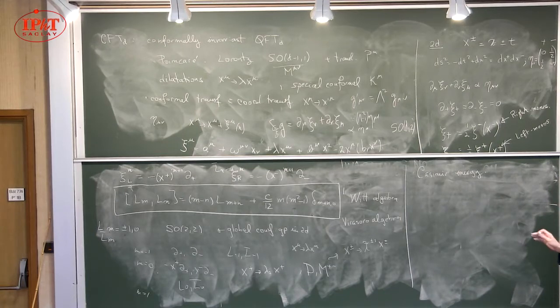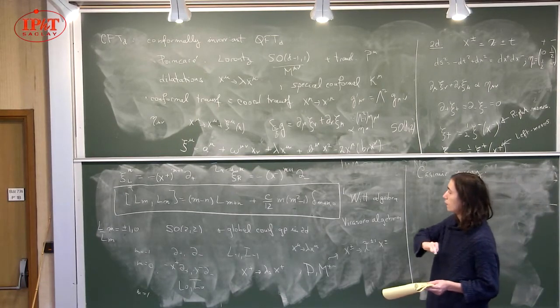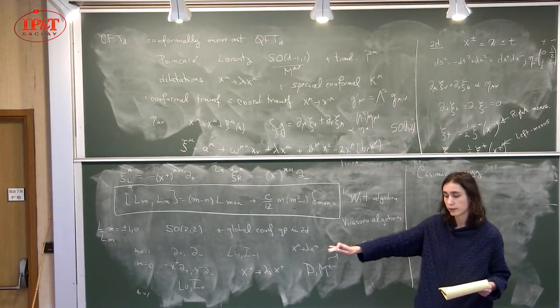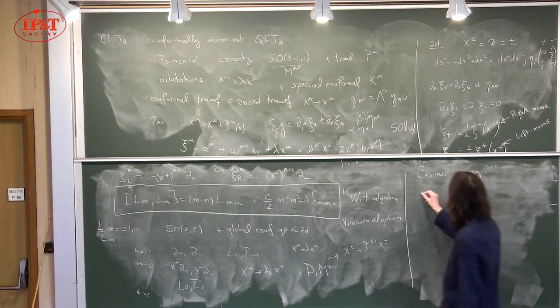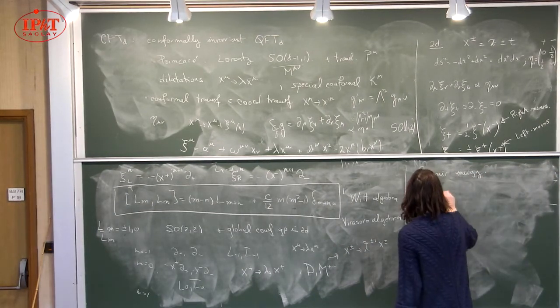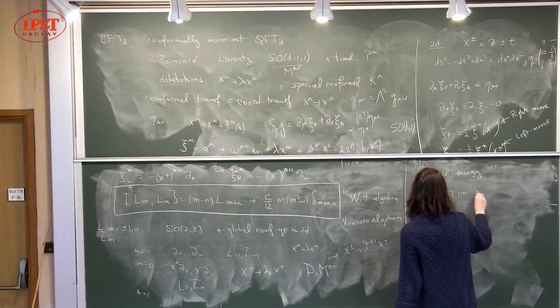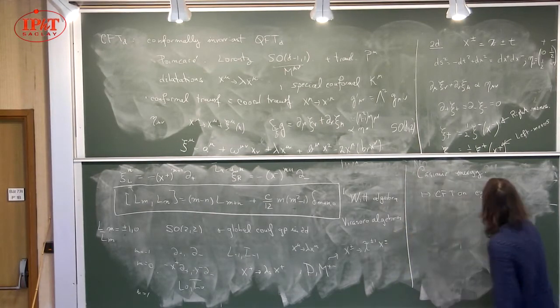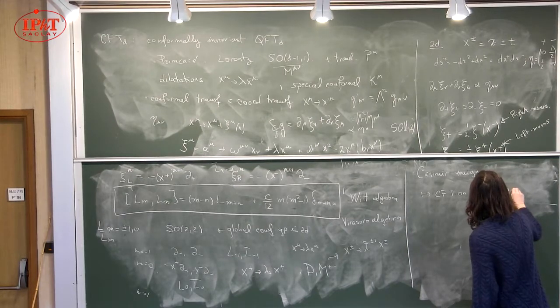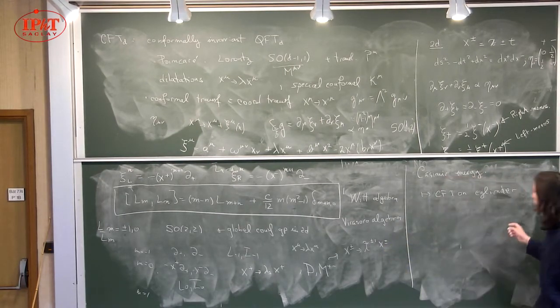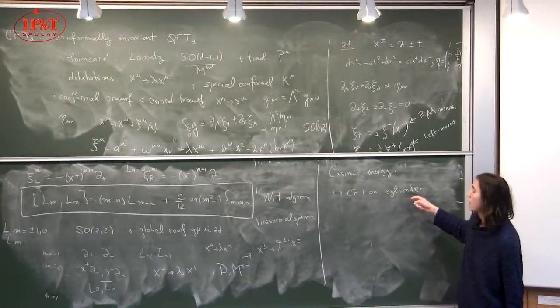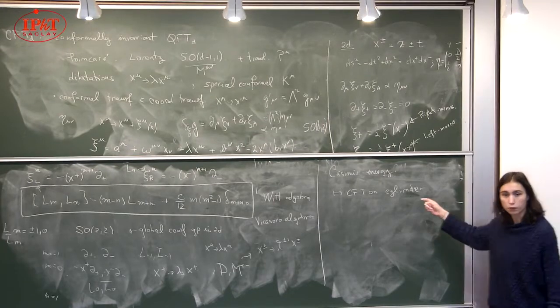So basically, instead of considering your conformal field theory on the plane, you consider the conformal field theory on a cylinder. The plane and the cylinder are related by a conformal transformation.